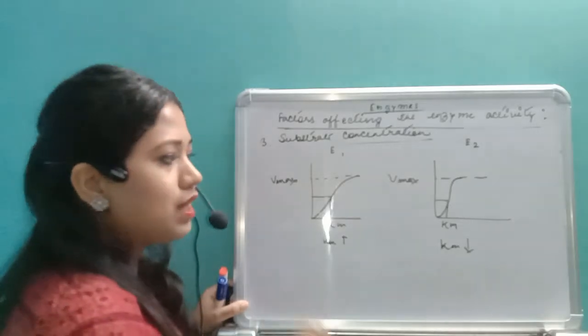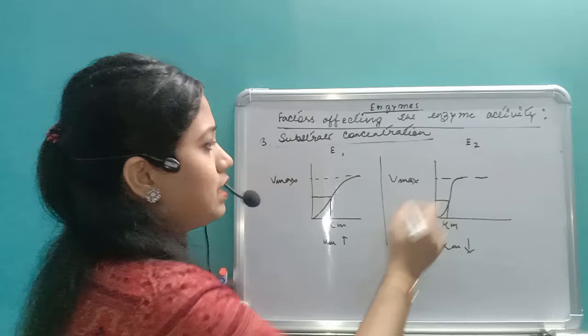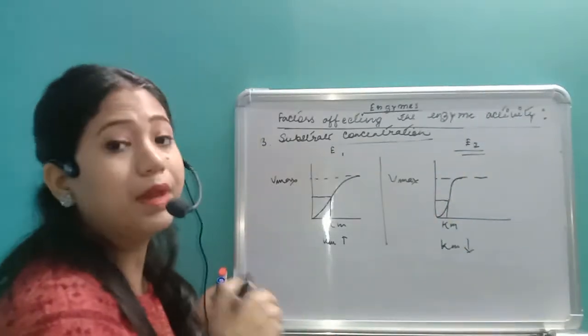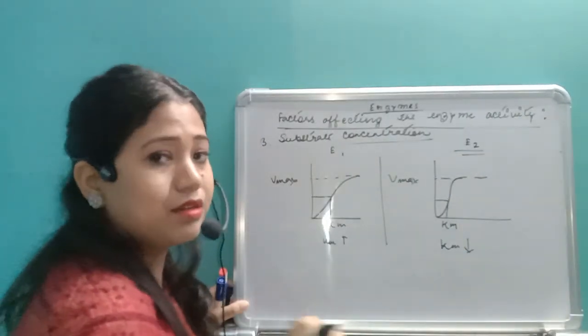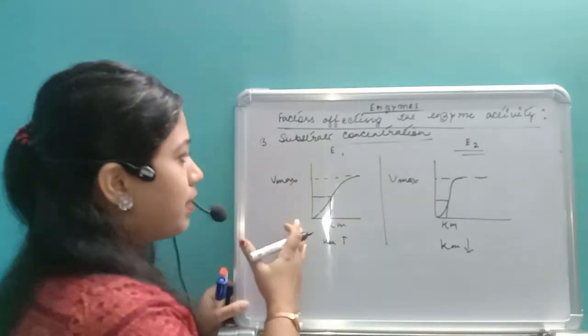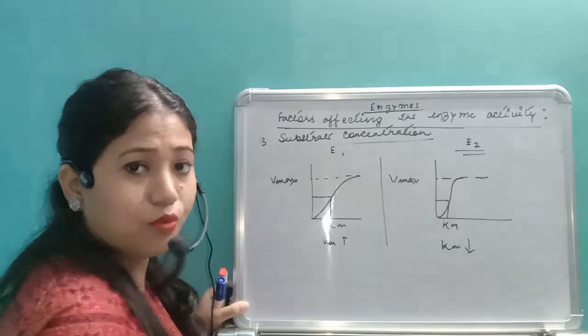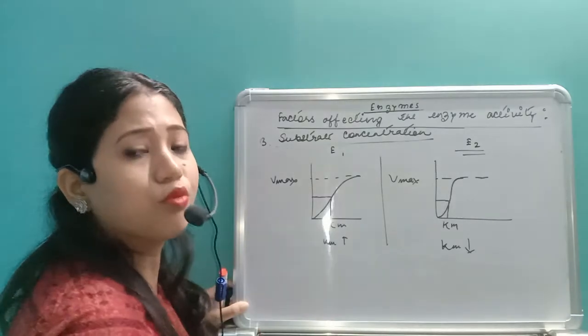If the Km value is less, then this enzyme will be a better enzyme. That means the velocity of the enzyme will be faster compared to the first enzyme, and that's why it will show more velocity, so it will produce more product.